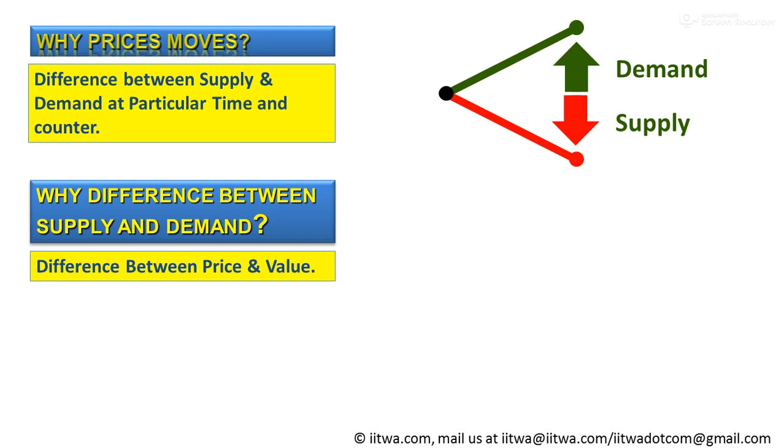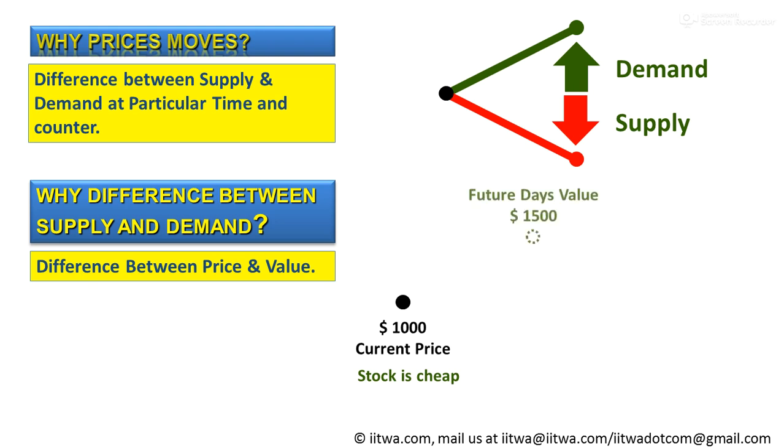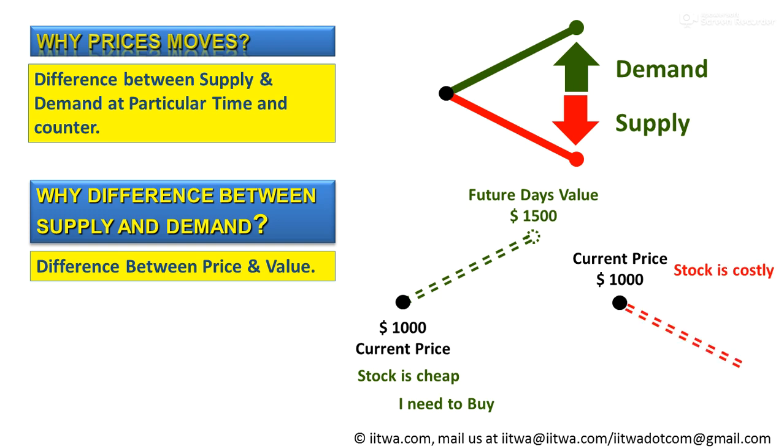Let us understand with an example. If a stock is trading at US $1,000, someone may think that this particular stock is cheap and it can achieve a value of US $1,500 in a year, so he can buy. On the other side, someone thinks that this stock is costly at US $1,000 and may depreciate up to US $700 in a year, so he wants to sell.